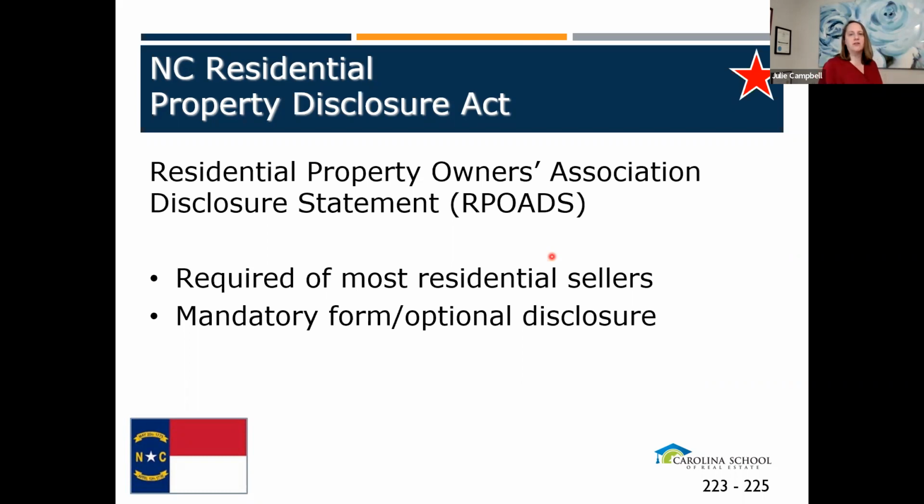They have this availability for optional disclosure. This is going to be required for most residential sellers. There are a few exceptions. Probably the biggest and most notable exception is new construction or never before lived in dwelling.